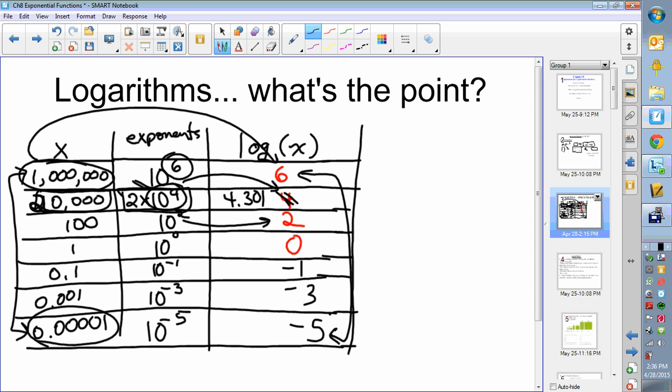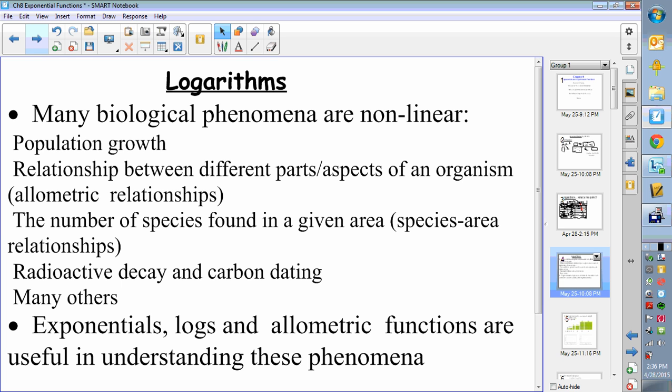Okay, so where do logarithms show up? Well, tons and tons of places. A lot of biological phenomena are nonlinear, and if they're nonlinear, we can often use logarithmic functions to represent them. So the growth of populations tends to be logarithmic. The relationships between different parts or aspects of an organism, the allometric relationships, are often logarithmic.